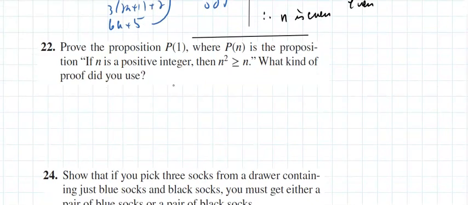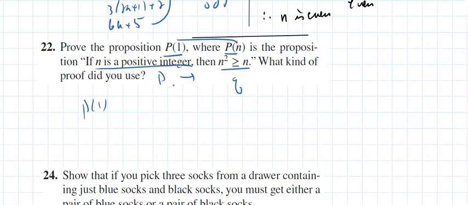Prove the proposition P of 1. Let's see what it says where P of n is the proposition. If n is a positive integer, so that's the if part, then n squared is bigger than or equal to n. P of 1, where 1 is n.